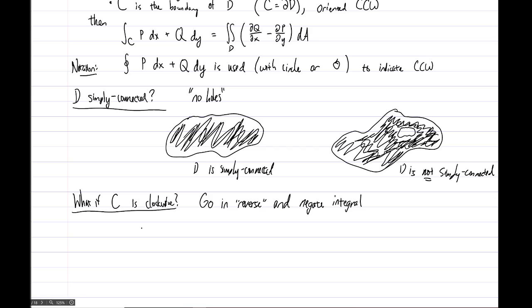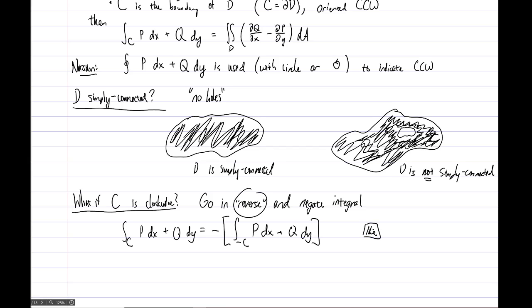In other words, you've got the integral, so say your C is clockwise, of P dx plus Q dy, and then, sorry to be a little informal with our notation, this will be the negative of the integral over negative C, which is our way of saying go in reverse, of P dx plus Q dy. I know the minus in front of the C is quick informal notation, just meaning travel along C in the reverse direction.